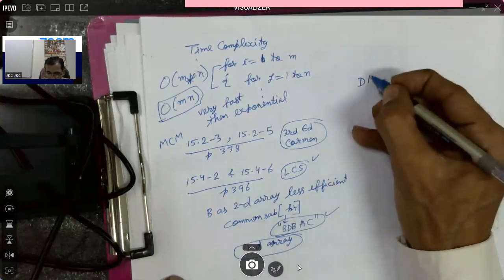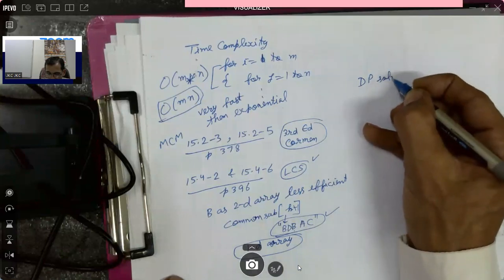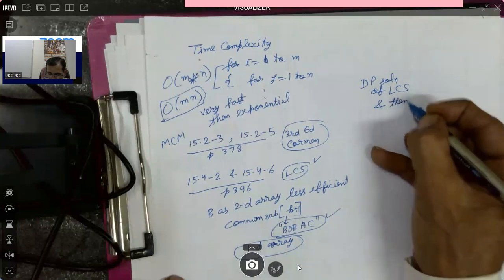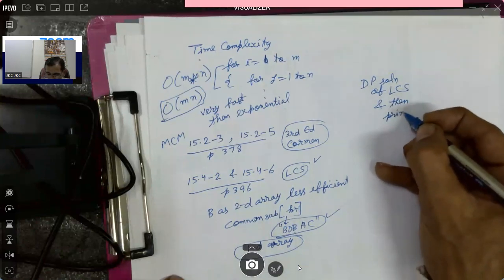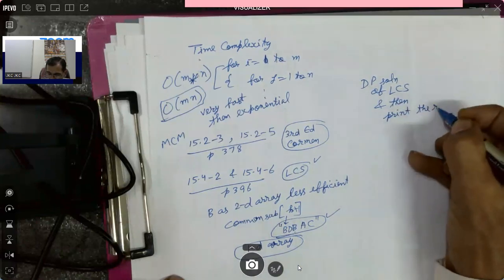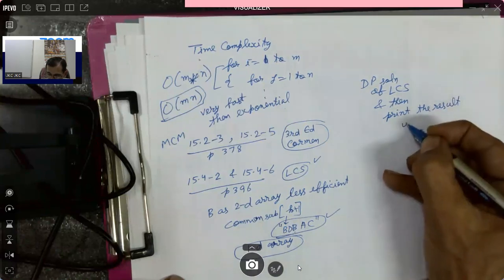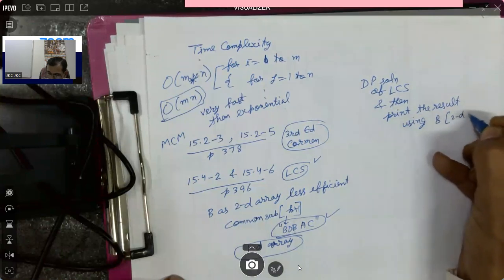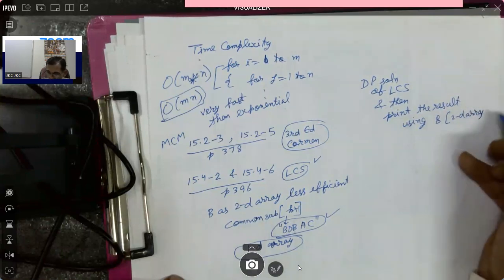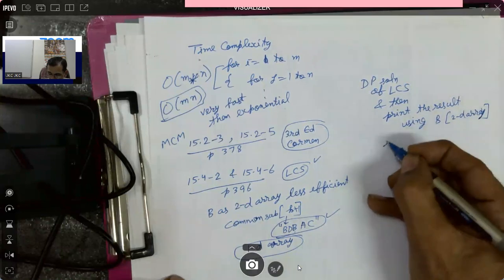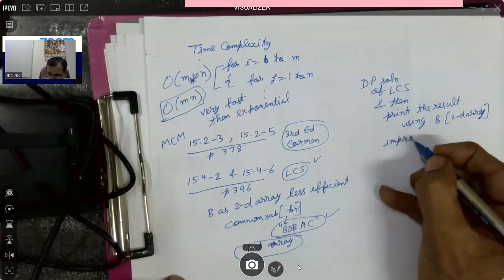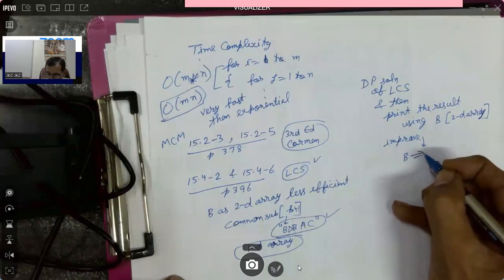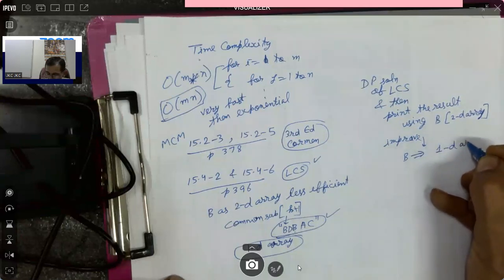So aim to implement the DP solution of LCS and then solve and then print the result also, using the 2D B array. And at later stages, improve that to have the 2D array replaced with a 1D array. Improve B to be changed to 1D.